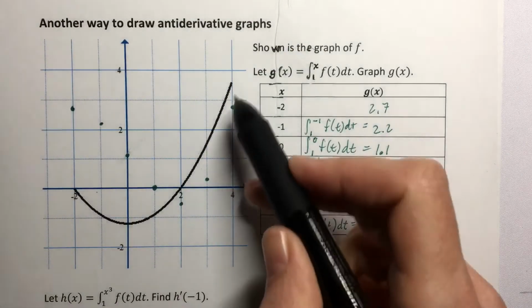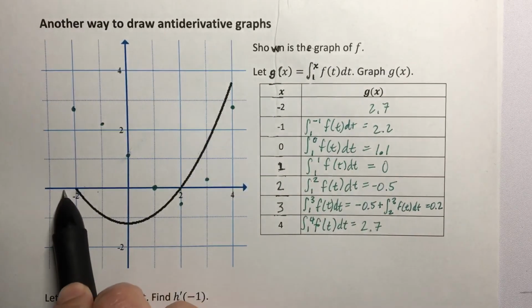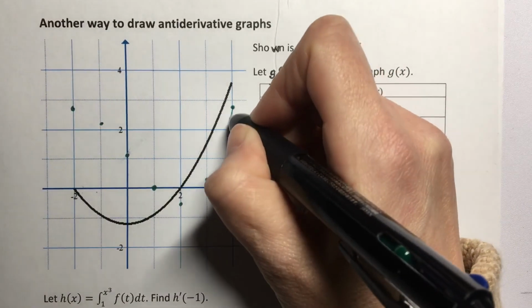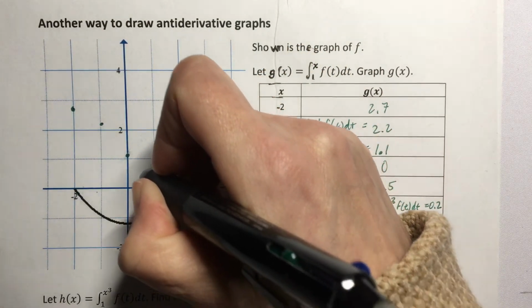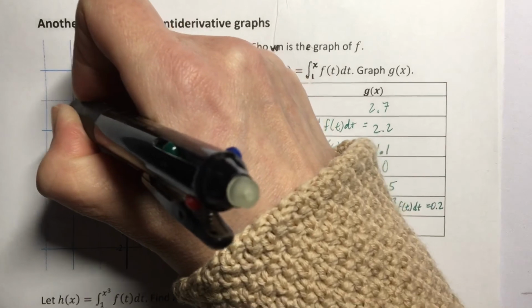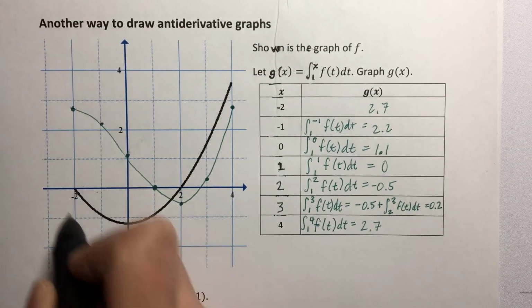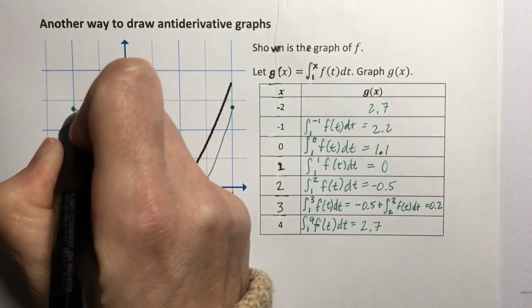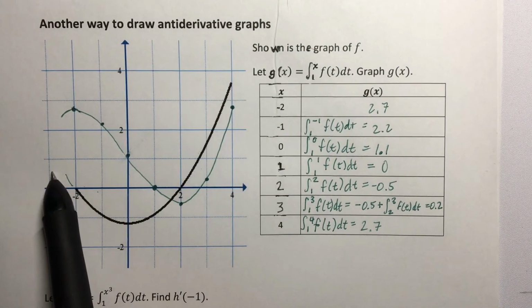Looking at the shape I have here, I know this looks like a parabola, so this should look like kind of a cubic, which perhaps it does. I can try to draw it with a smooth curve. And notice, if this kept going, this would flatten out right here and start to decrease.